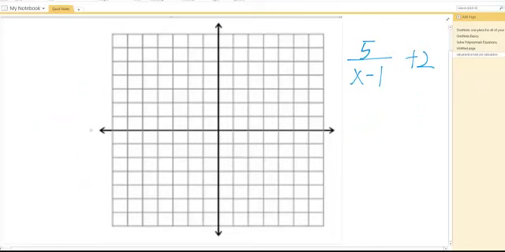And looking at our graph, our vertical asymptote will be at 1, where our horizontal asymptote is at 2. And looking at our points, we see that if we plug in 6, we'll get 3. So when x is 6, we'll get our point at 3. If x is 2, we'll get 7.